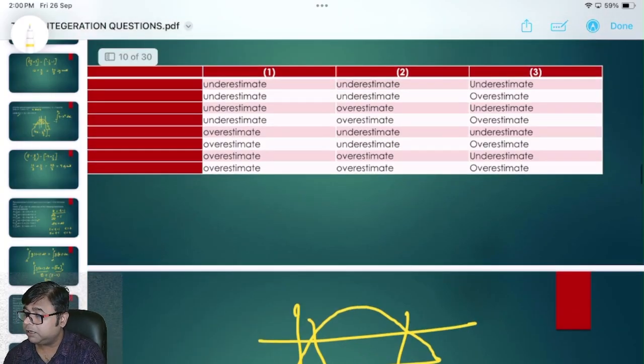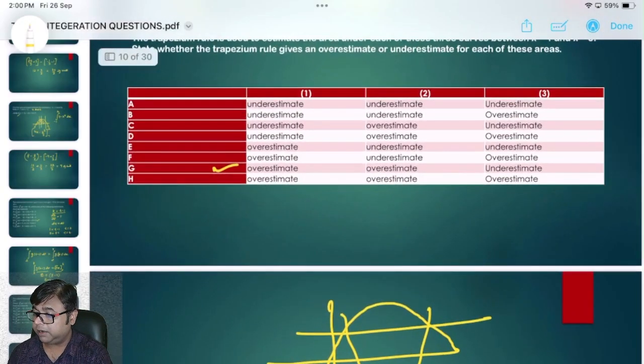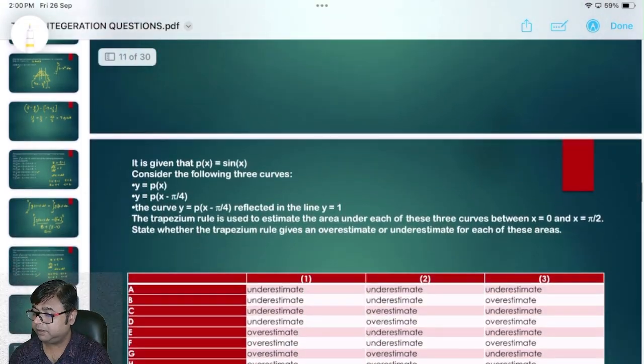So the answer should be overestimate, overestimate, underestimate. So this is the correct answer. This is something you have to understand: the answer is G. Cup shape is concaving up, so the trapezium will be overestimating the area, and for concaving down, it will be underestimating. Right. Let's move on to the next.